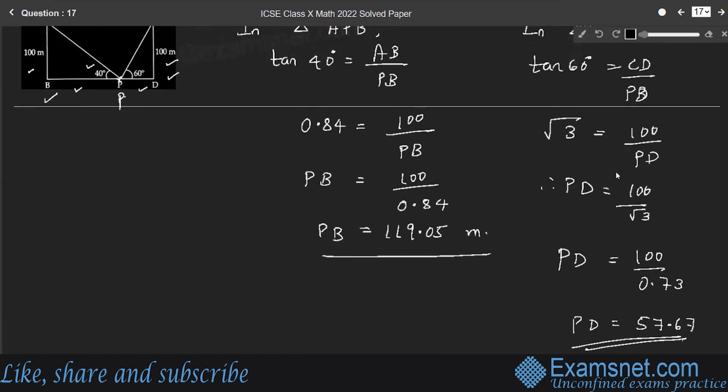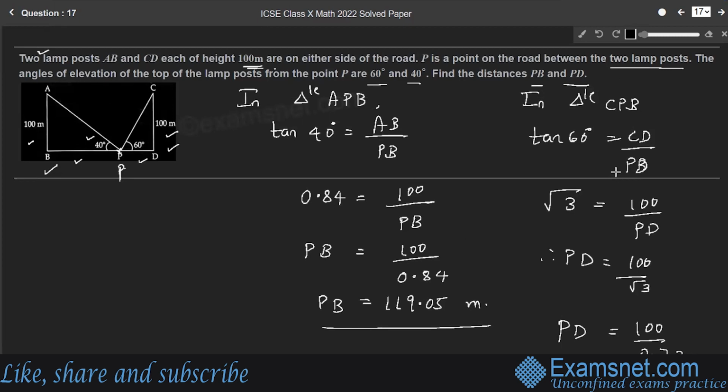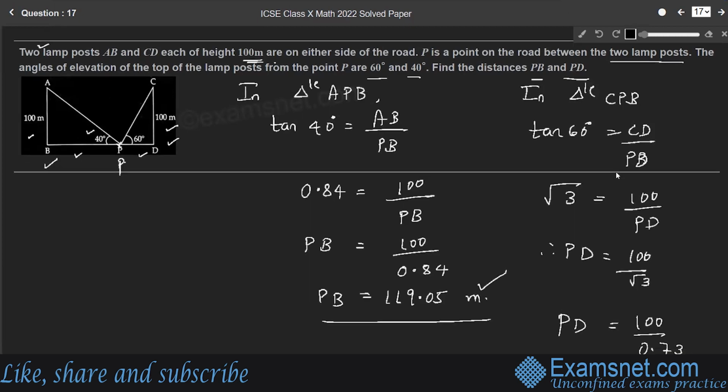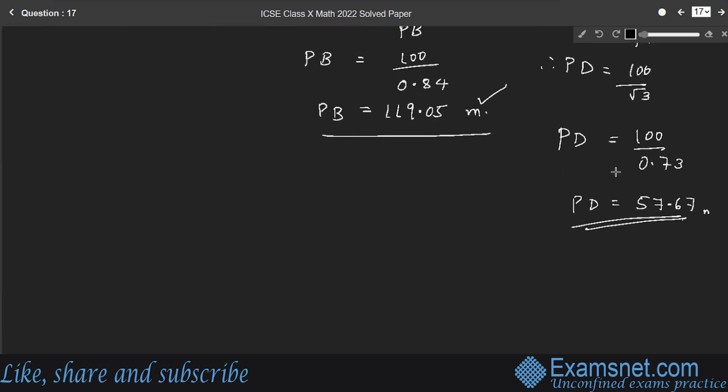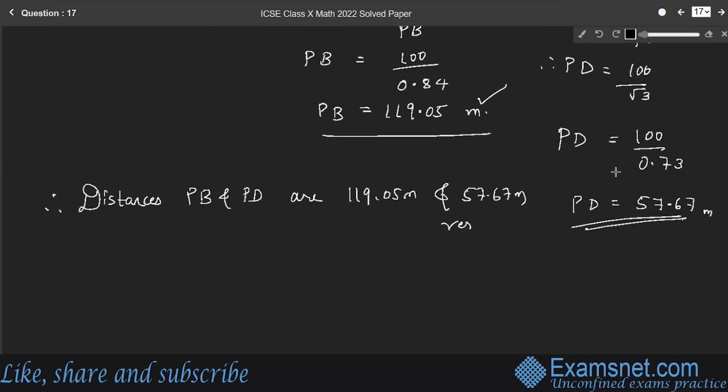Therefore, the distances PB and PD are 119.05 meters and 57.67 meters respectively.